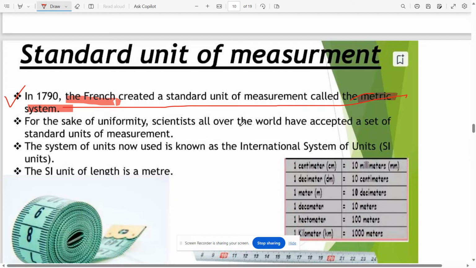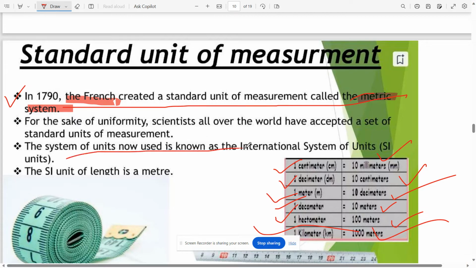For the sake of uniformity, scientists all over the world have accepted a set of standard units of measurement. For example, 1 centimeter is equal to 10 millimeters, 1 decimeter is equal to 10 centimeters, 1 meter is equal to 10 decimeters, 1 decameter is 10 meters, 1 hectometer is 100 meters, 1 kilometer is 1000 meters.